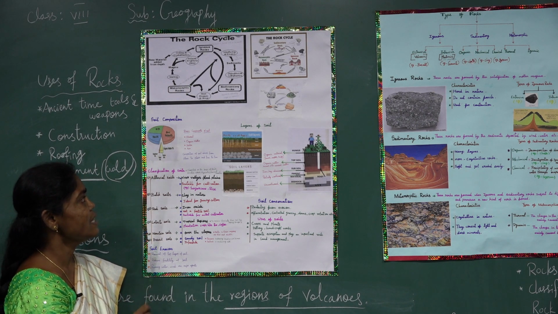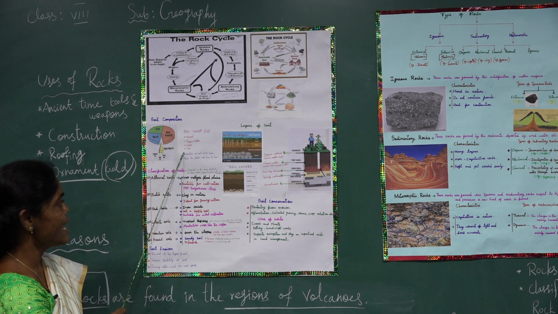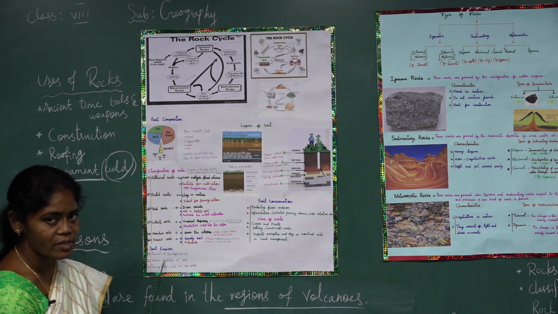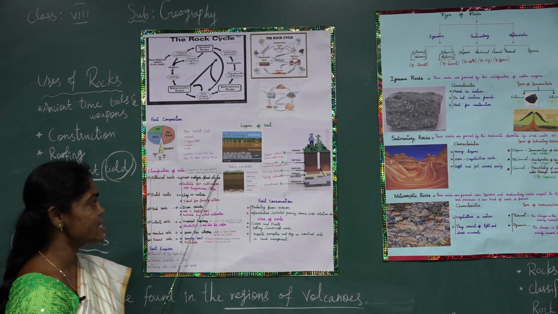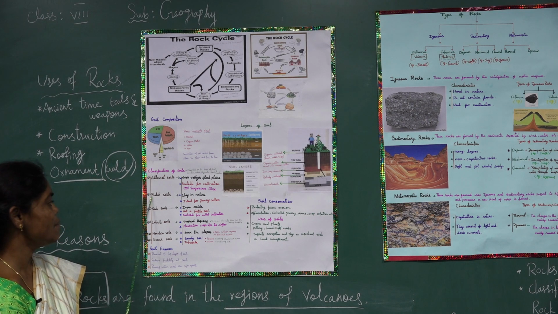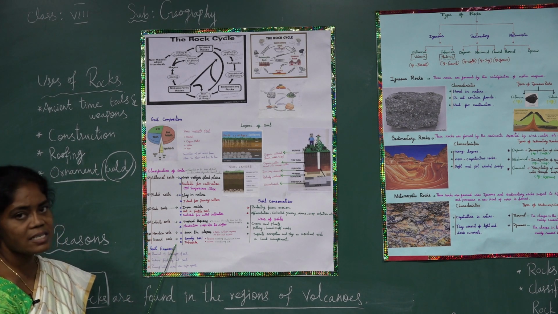The composition, what are the components? Mineral, organic matter, water, air. This is the soil composition. Classification of soil on the basis of formation, color, physical and chemical properties. It is classified into alluvial soil, black soil, red soil, laterite soil, mountain soil, desert soil.